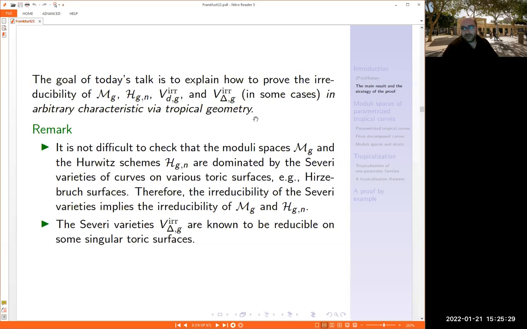Therefore, once you know the irreducibility of Severi varieties, you know the irreducibility of the other spaces as well. So we will restrict our attention to the Severi varieties, the varieties that parameterize curves of given geometric genus in a given linear system on a toric surface. Another remark, which I already mentioned, is that sometimes these V delta G are in fact reducible, so one must be slightly careful.